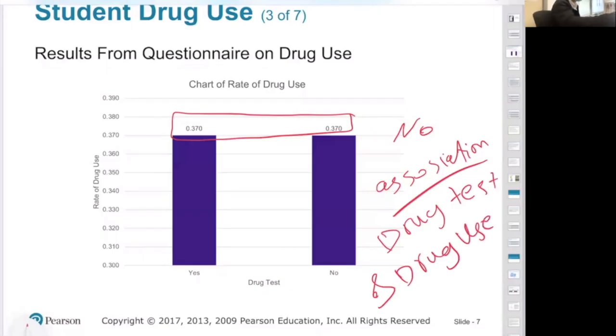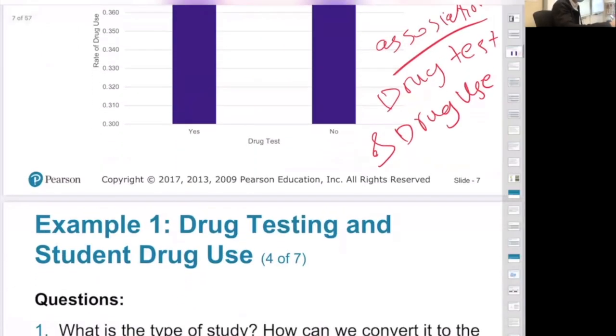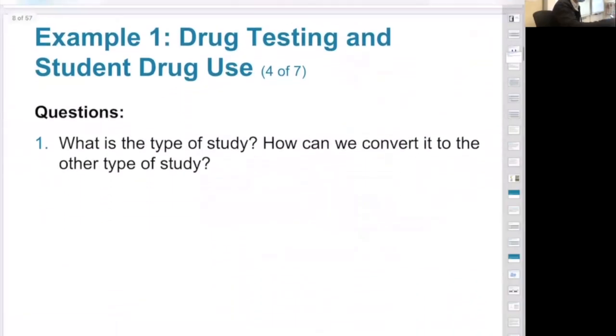Okay. So the first question now is, what is the type of study? Is it experimental or observational? Yes, it's observational. Why?